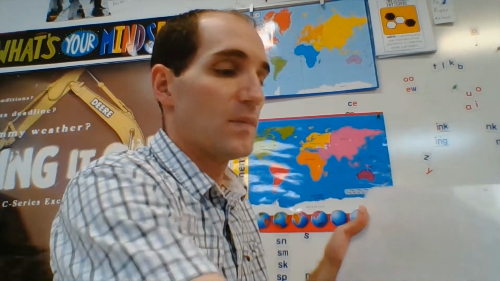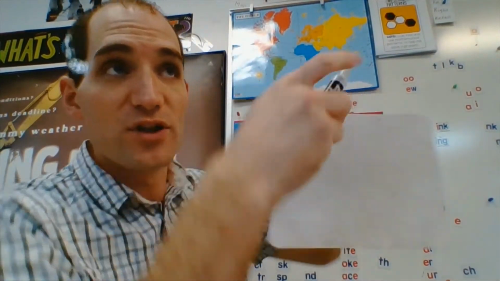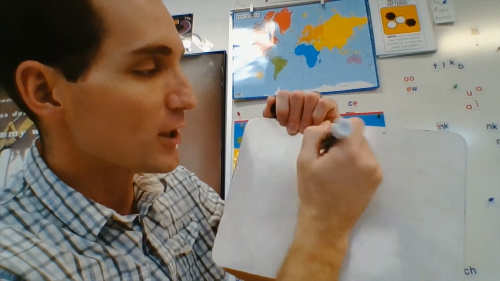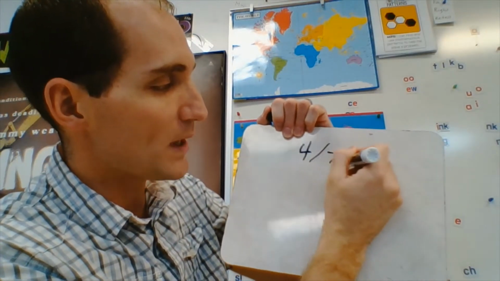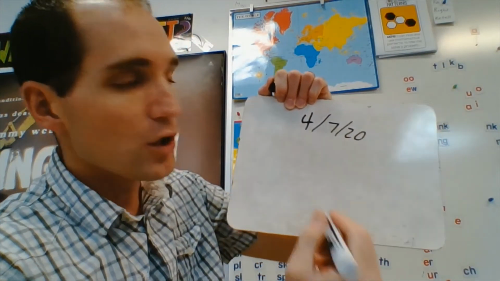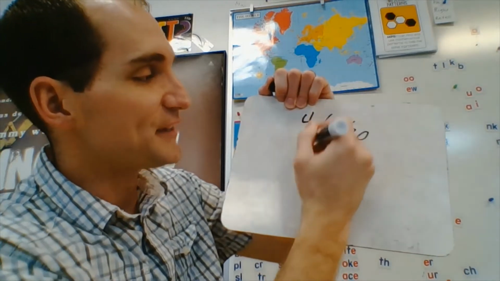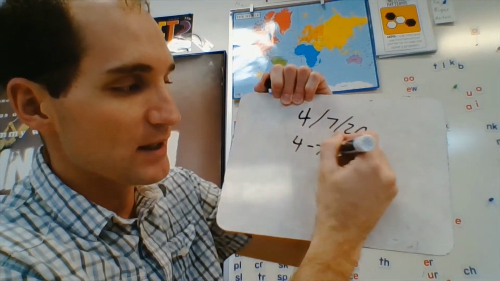Now remember, when we're writing dates, there's more than one way to write the date. You can choose to write it like I just did, or you can choose to write it with just numbers. 4, because it's the 4th month of the year, January, February, March, April, /7/20. You can choose to do the same thing but with dashes in the middle.